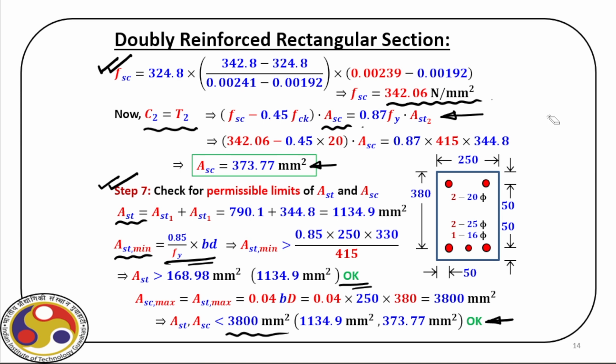We have to find out AST1, AST2. There is a small error here, it should be 2. So then we have to find out ASC from AST2, and then finally we have to design the steel.